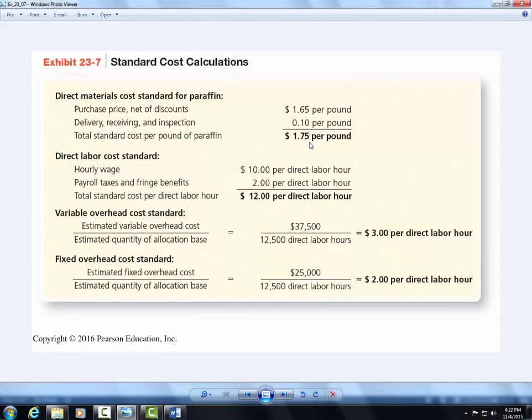That's our standard under normal conditions. And for direct labor, after consulting with our human resources department, we've developed this standard. We expect each direct labor hour to cost $12 an hour. Again, we're not going to focus on the overhead. We're only going to focus on direct material and direct labor standards.